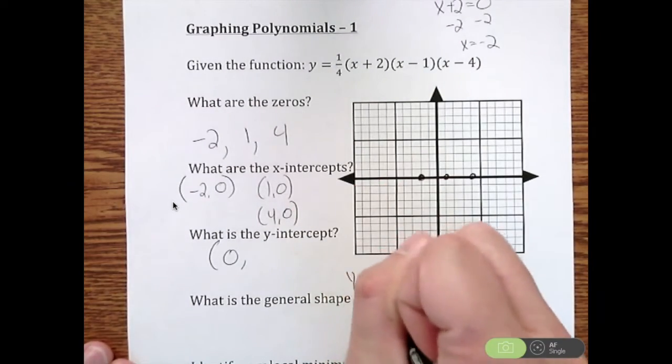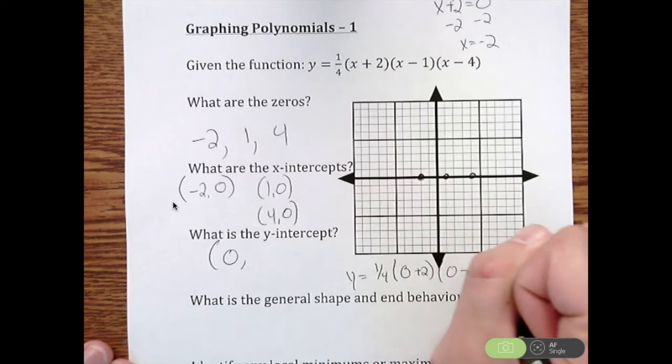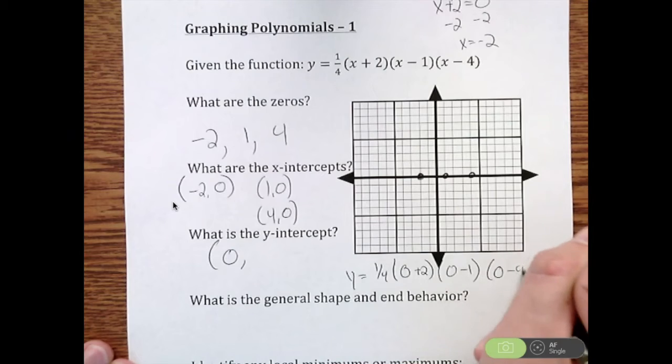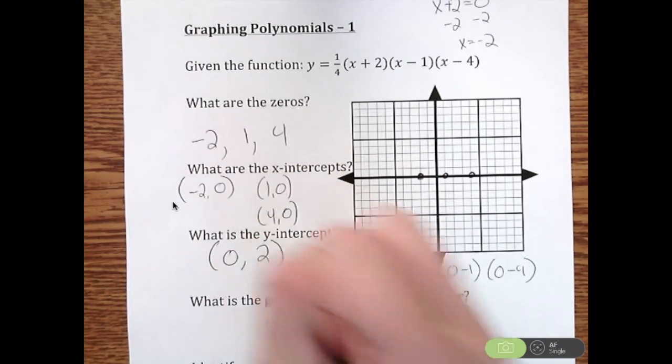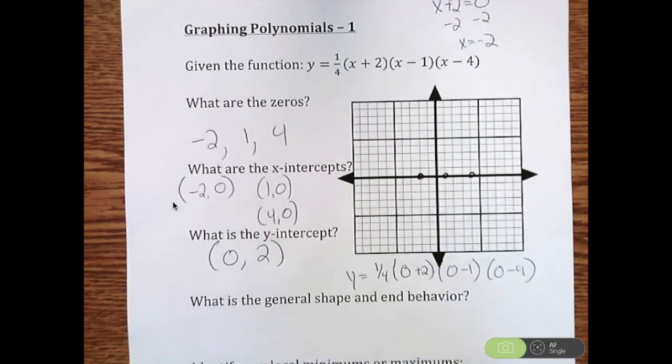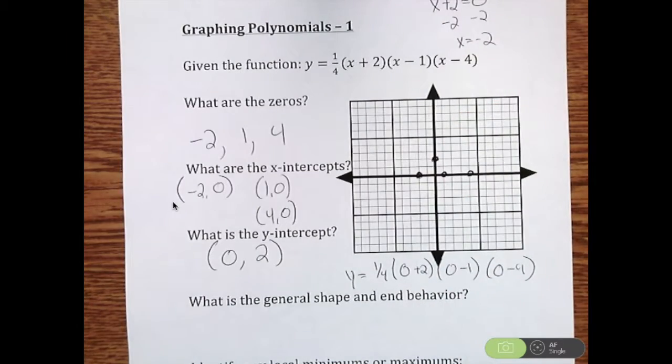So you'd have y equals 1/4, 0 plus 2 times 0 minus 1 times 0 minus 4. That point on, it's just an order of operations problem. I'm not going to show all the work for that. You can pause and work it out. But when you work all that out, you're going to get 2 for y. So our y-intercept is going to be at 0, 2, which is up there.